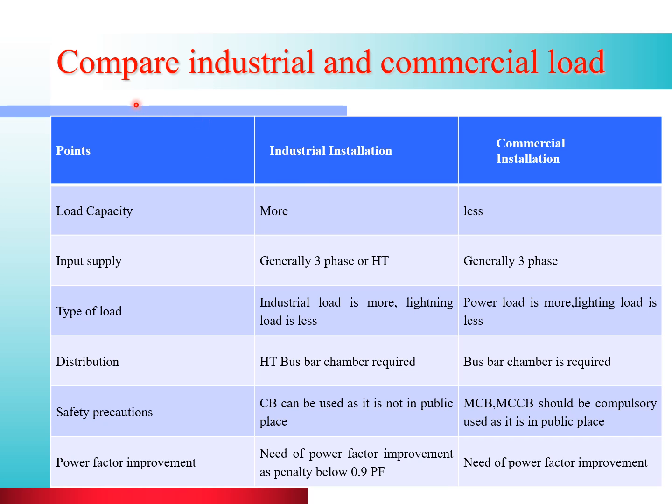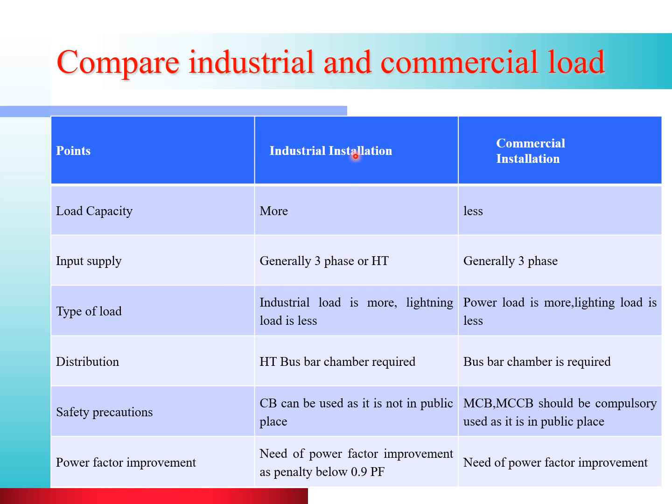Then we will see the comparison of industrial and commercial load on the various points of load capacity, input supply, types of load, distribution, safety precautions, power factor improvement. In the first column, industrial installation is there, and in the second column, commercial installation. For load capacity, for industrial installation it is more, for commercial it is less.